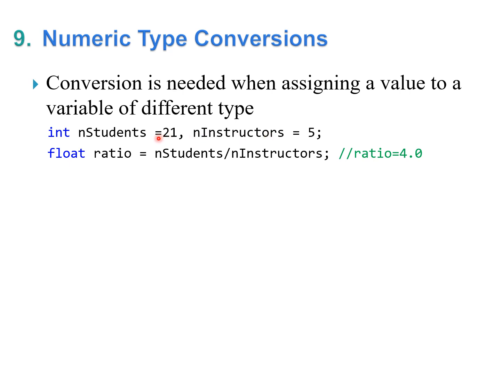In this example, we declare nStudents and nInstructors to be of type int and initialize them to values 21 and 5 respectively.